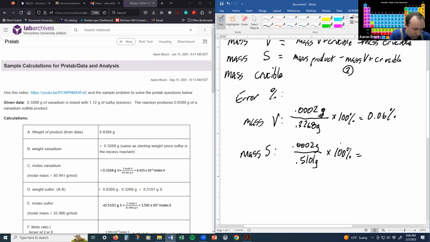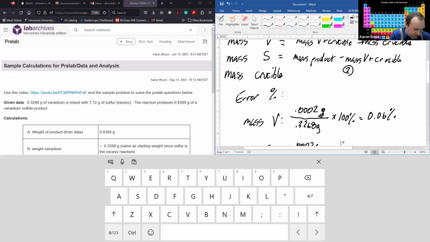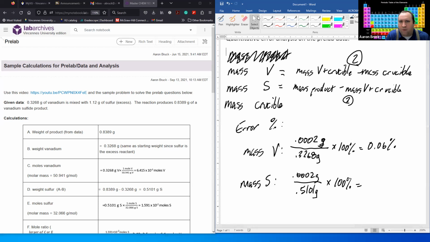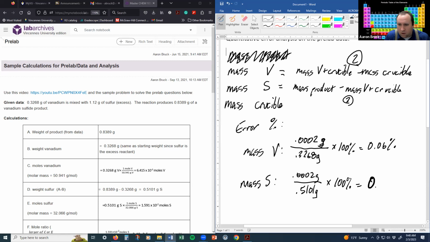So if I take 0.0002 divided by 0.5101 times 100%, I get 0.04%. So I'm not getting a whole lot here out of the masses in terms of error.